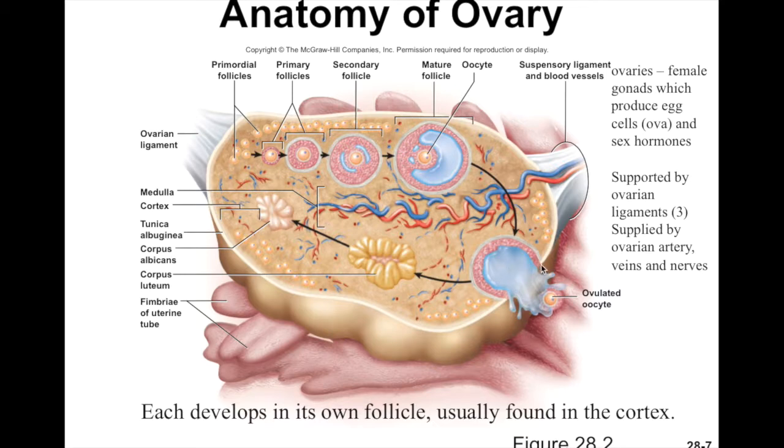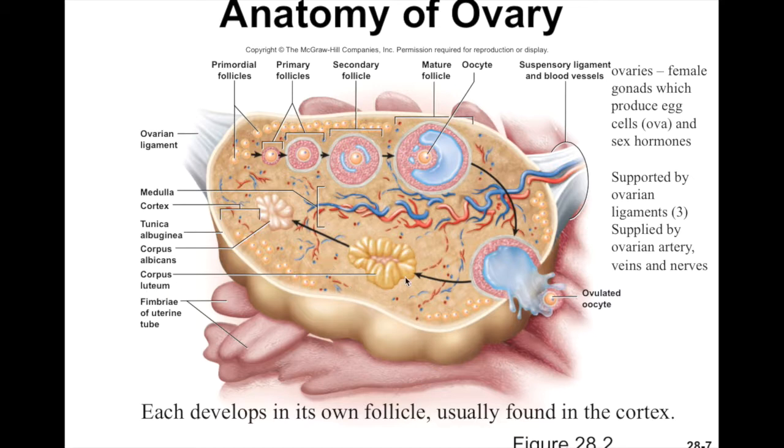What's important to know is once this thing ovulates and breaks open, it's not trash now. It actually has a job to do. So the egg leaves, but you have this follicle still there. It turns into a body called a corpus luteum. You'll see sometimes they abbreviate it CL.